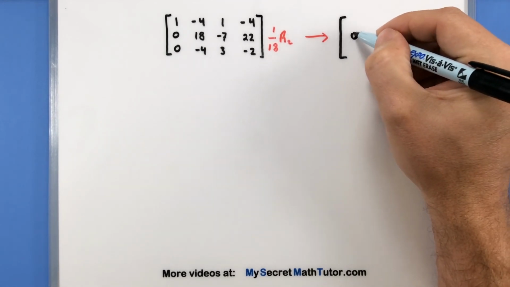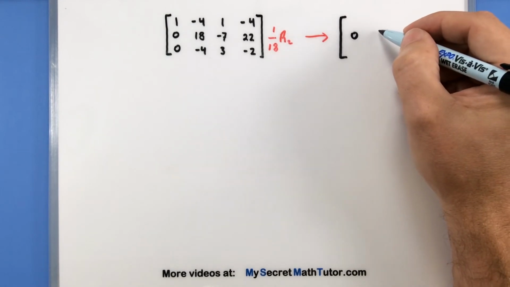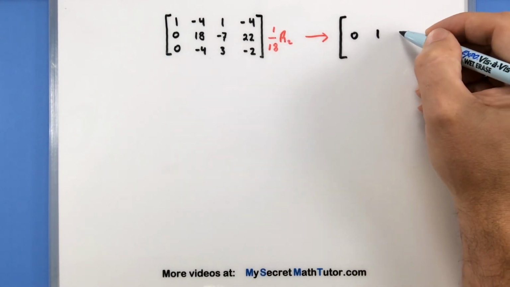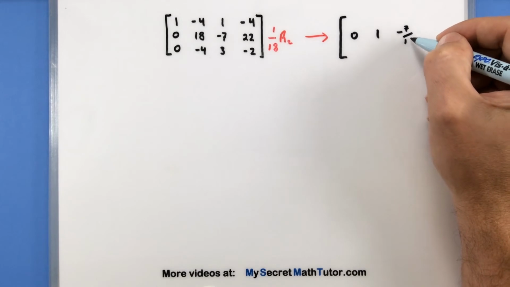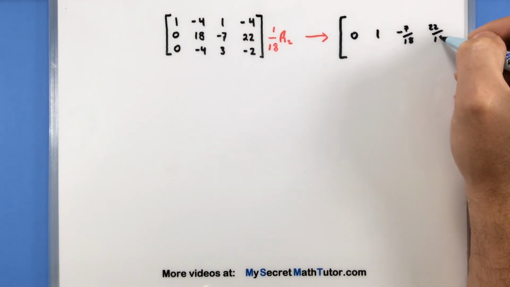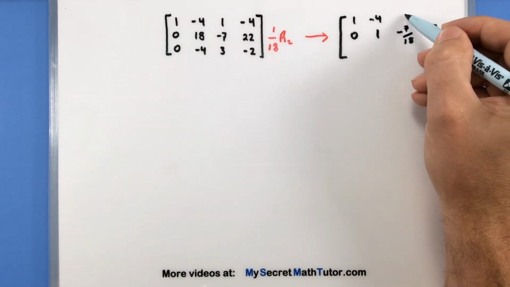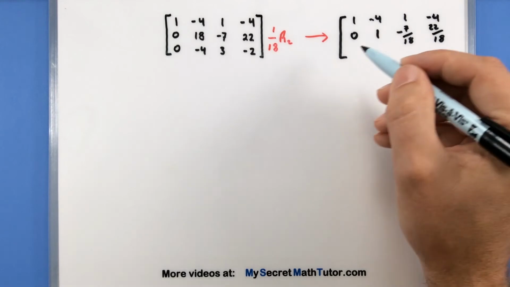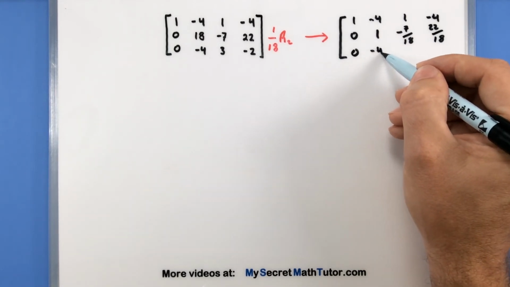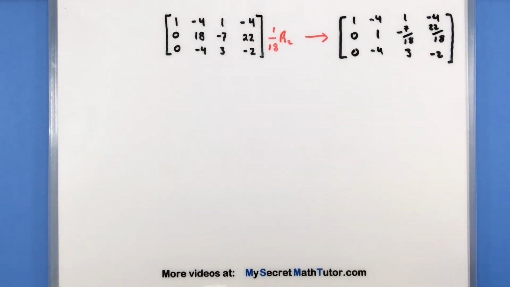So let's see, a 0, 1/18 of an 18 is 1. Then we have negative 7/18. And then we have 22/18. Maybe not the nicest of fractions, but oh well. What you gonna do, right? Then 0, negative 4, 3, and negative 2. All right, there's our matrix.